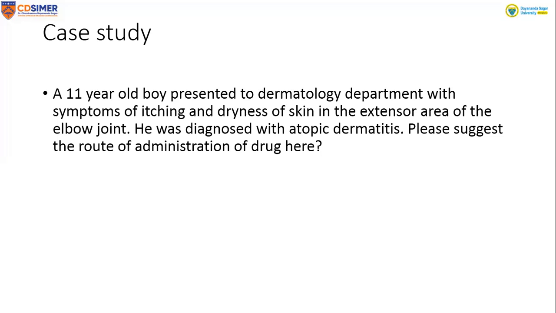So both the conditions are different. The earlier one is a patient who came to the emergency department with tonic-clonic seizure. They require immediate IV, and in this case, what you are seeing is a patient not in an emergency, comfortable, attending the dermatology OPD with itching and dryness, not much of any serious illness.